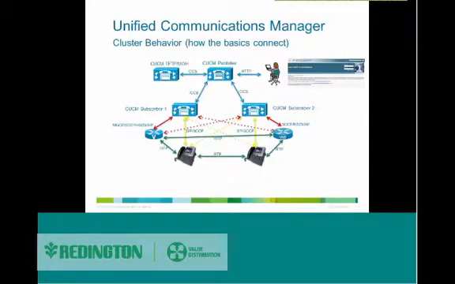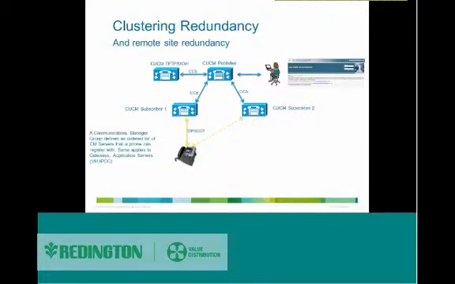Between the call manager and the voice gateway, they normally communicate on the MGCP protocol, and between the voice gateway and the IP phones, it communicates on RTP, the real-time transport protocol, for the outbound calls and to connect to the PSTN.